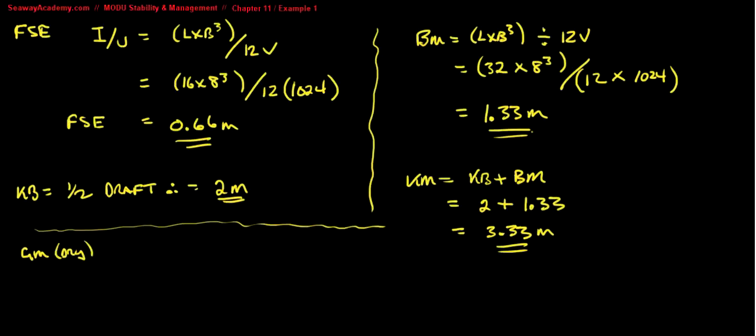So the formula for our dry GM is our KM minus our KG. We calculated the KM to be 3.33 meters, minus the KG of 2.45 meters. So we get a dry GM of 0.883 meters.